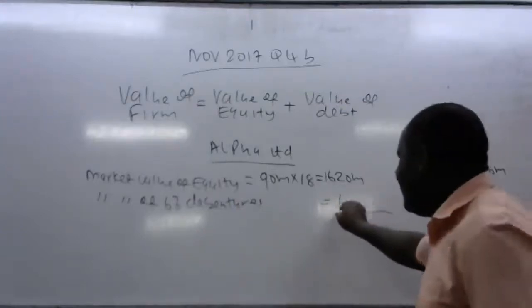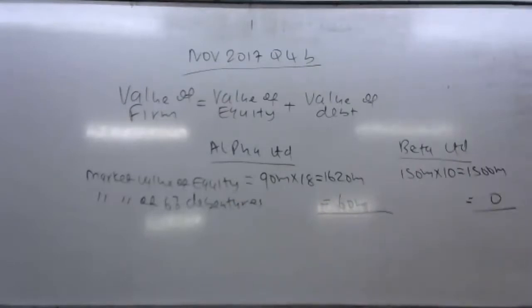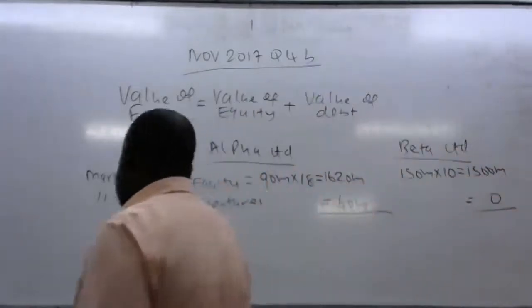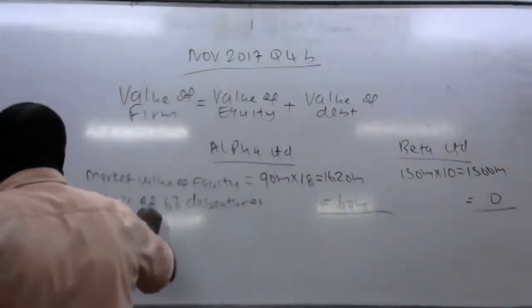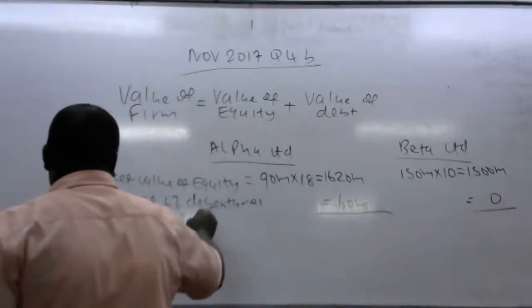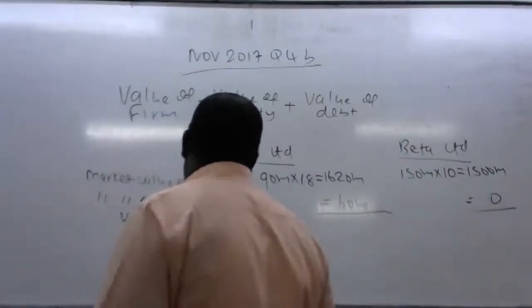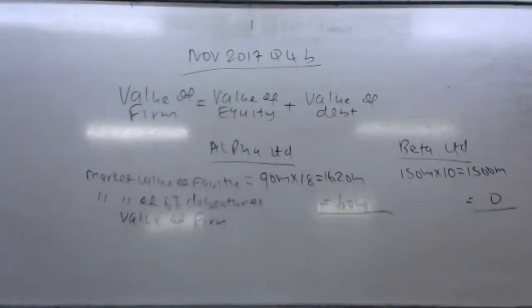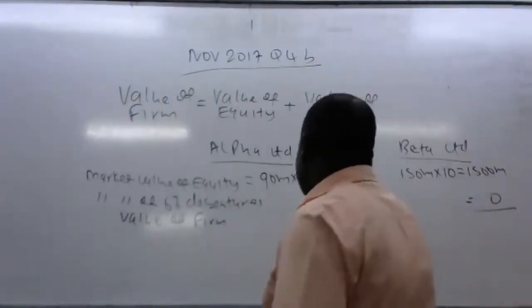So when we add, we shall be able to get the value of the firm. This value for Alpha is how much? It is 1680 million.